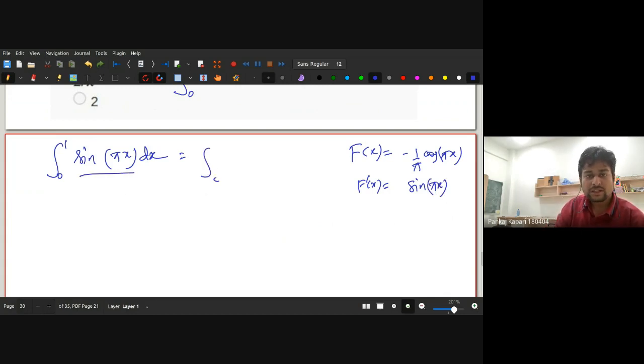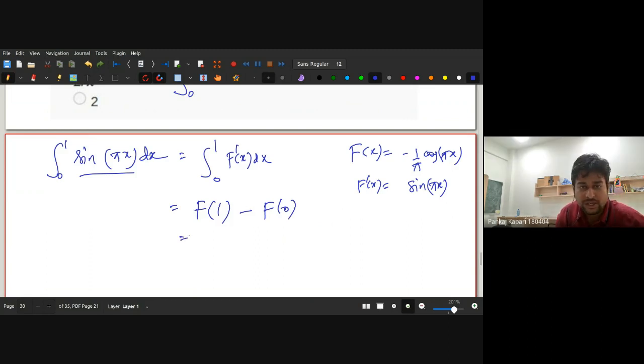That means this is the integral from 0 to 1 of f prime x dx. Okay, so from the fundamental theorem of calculus, this can be just written like this: f of 1 minus f of 0. So this is our integral. And then what is f of 1? f of 1 is minus 1 over pi cos pi, and then you will have plus 1 over pi cos 0, right?